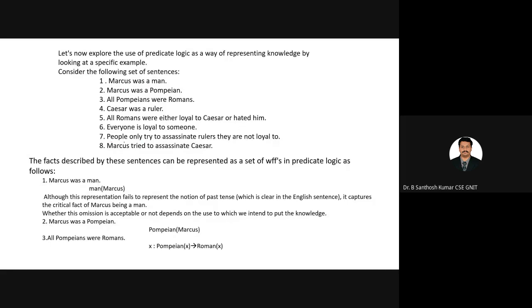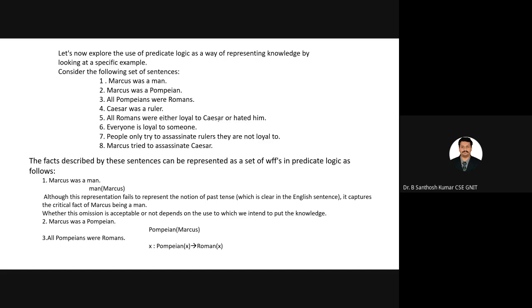Then in the seventh statement, people only try to assassinate a ruler they are not loyal to. Who is the ruler? Caesar is the ruler. So people only try to assassinate the ruler they are not loyal to. It means the people who are loyal to Marcus do not try to assassinate the ruler.